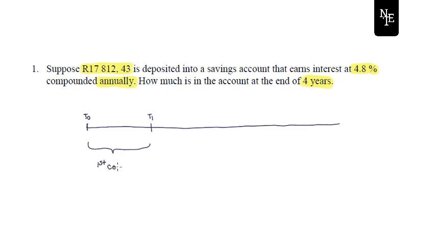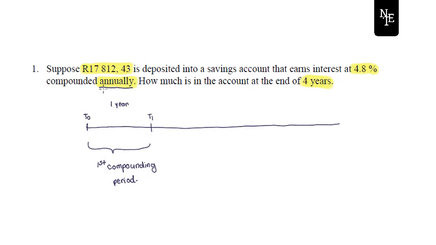Each interval, so this interval between T0 and T1, indicates your first compounding period. Now, you need to know that this interval is going to change based on what your compounding period is. We are dealing with an annual compounding period here, which means that this interval between T0 and T1 is a span of 1 year. It actually represents 1 year that has passed by.